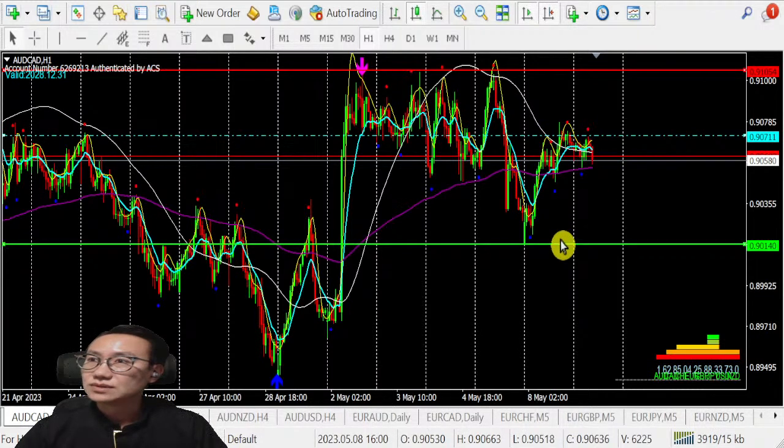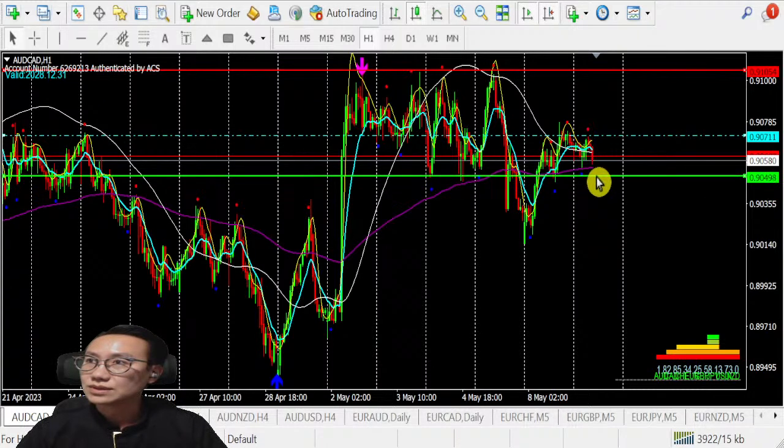Let's move down into the H1. The resistance is coming in and we can see there's one support area here.